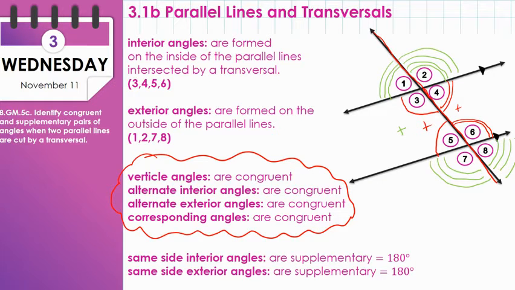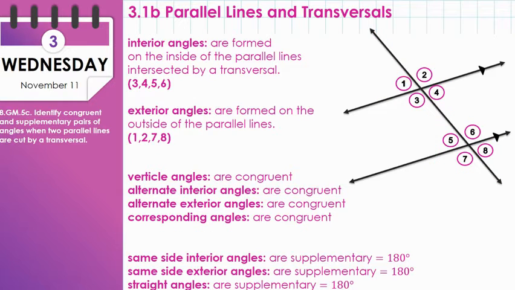Last thing we want to look at that's supplementary are straight angles. Straight angles are supplementary. So we have a couple different versions of straight angles. Along the transversal, angle 5 plus 7, 1 plus 3, 2 plus 4, 6 plus 8.